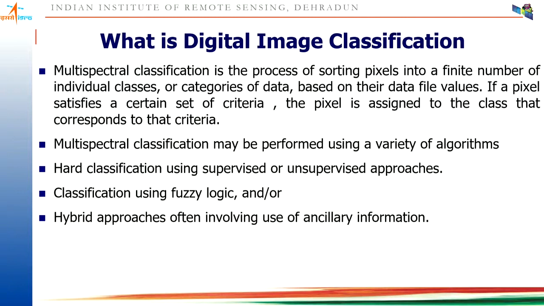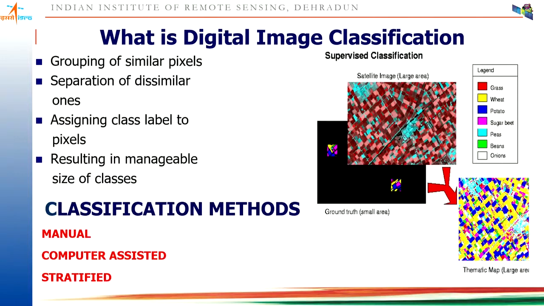Hard classifiers can be of two types, supervised and unsupervised classifiers. We can also use certain hybrid approaches which utilize ancillary information for classification of the image. This session will talk mainly about hard classifiers using supervised and unsupervised algorithms.